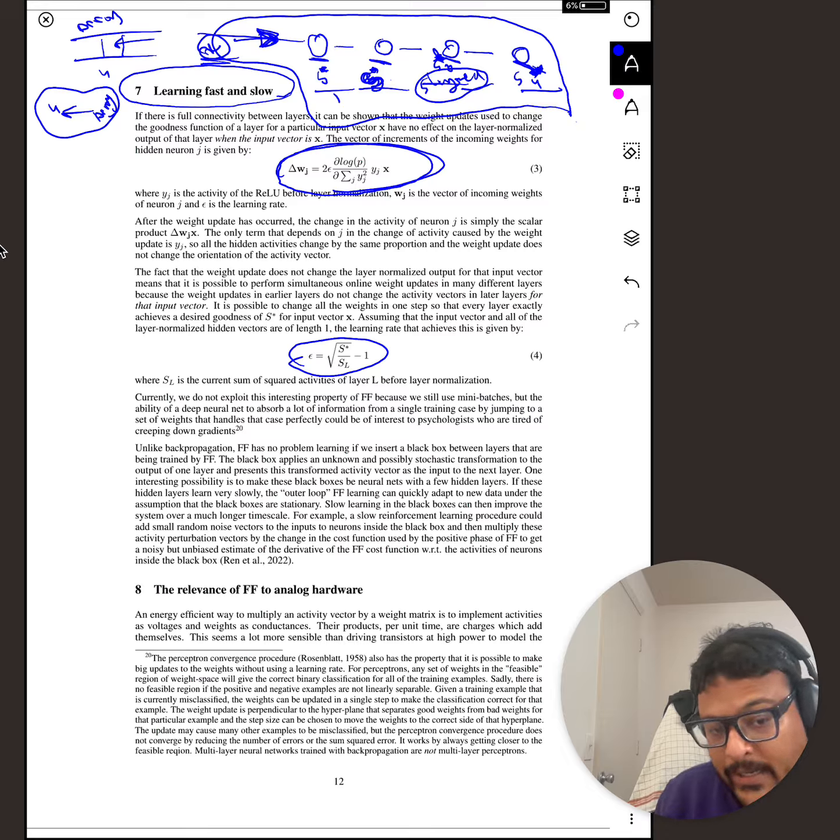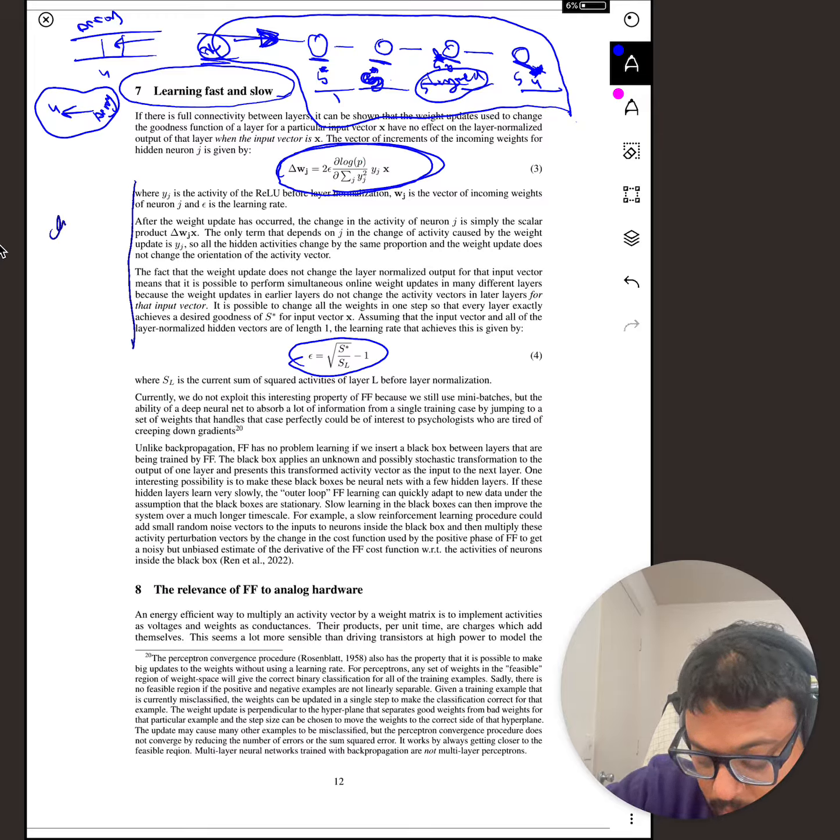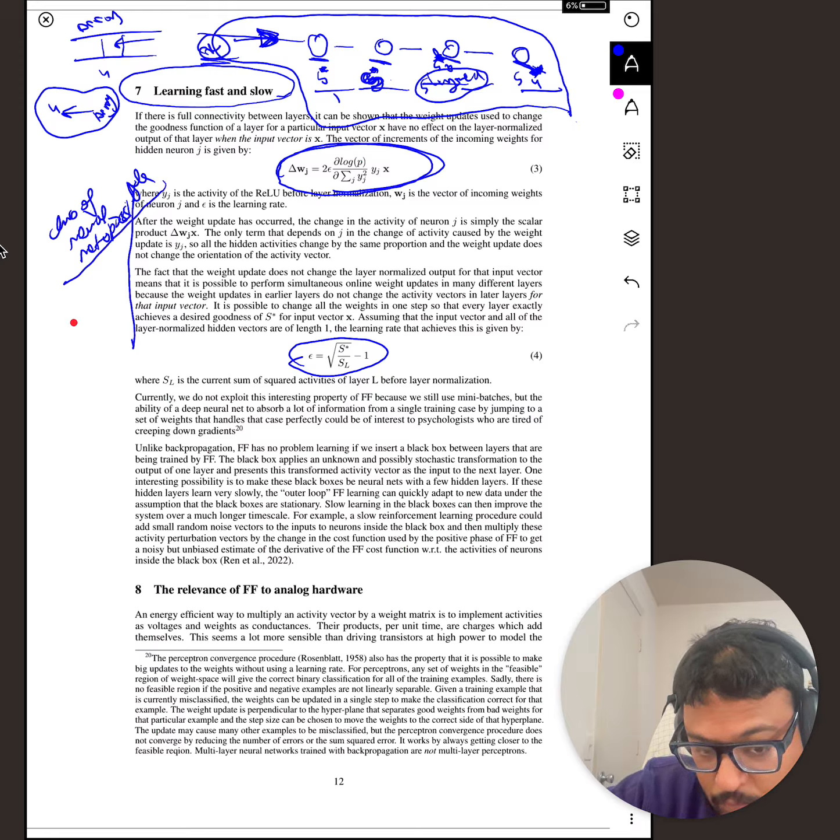So the key point is that Hinton is saying there is a class of neural nets possible where the key problem is that you are given a certain amount of information X, and an output representation Y, and you want to fit a weight which is able to best satisfy this.